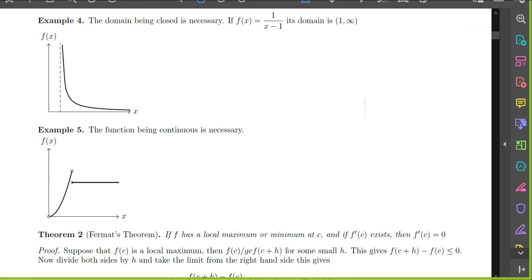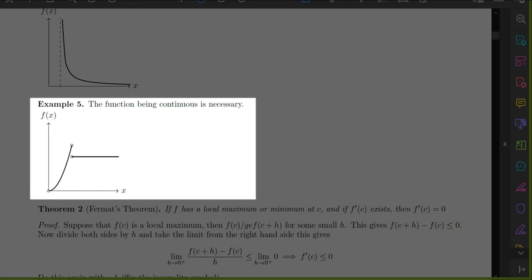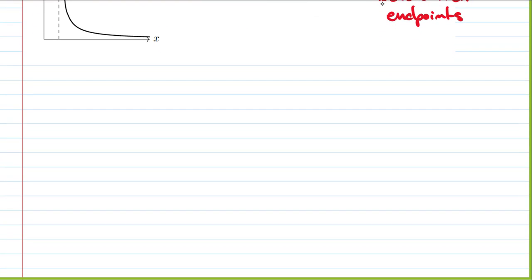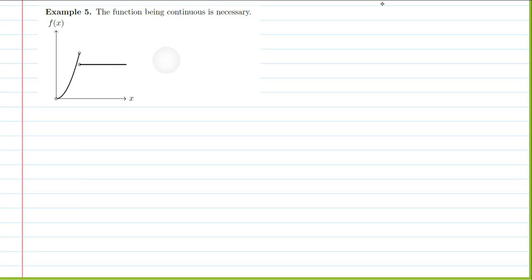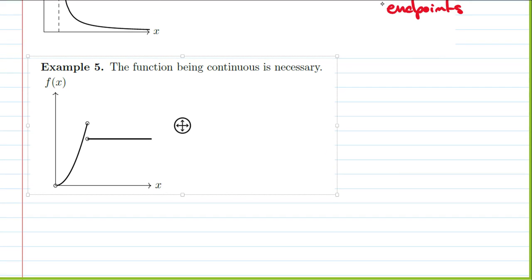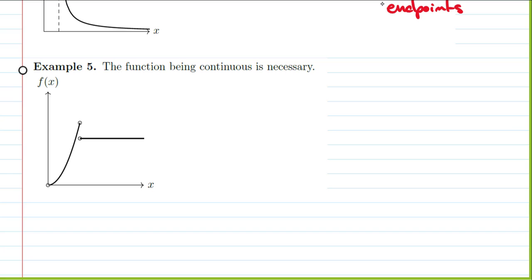All right. Our next one is that being continuous is also a necessary condition. If f of x isn't continuous, all sorts of weird things can happen, right? If we had a function that looked like this, it's not going to have an absolute maximum, right? Because it never actually makes it to this point because it's open. So this graph would not have an absolute maximum.